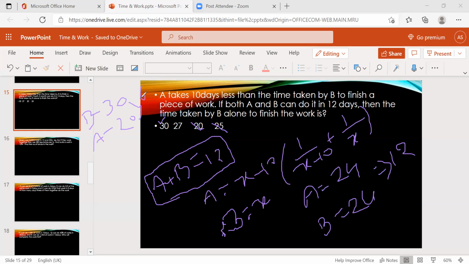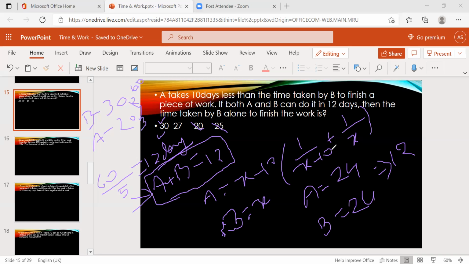So take the LCM 60. B can use 2 units, A can use 3 units, right? So 60 by 5 is nothing but 12 days. 12 days. So equation satisfied. Then we can go with option A only, right?